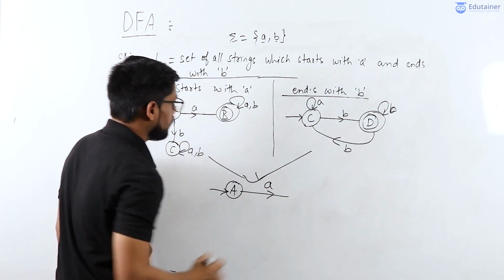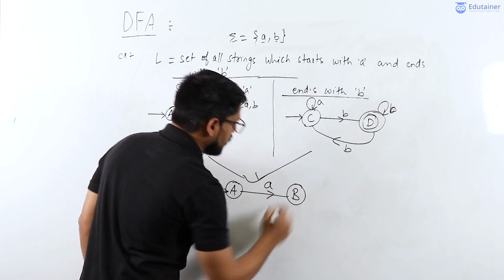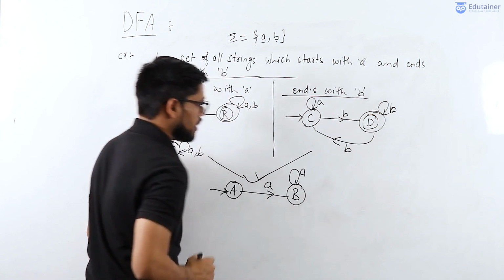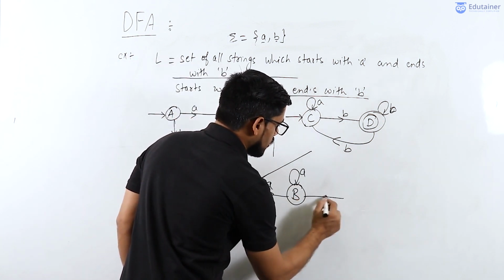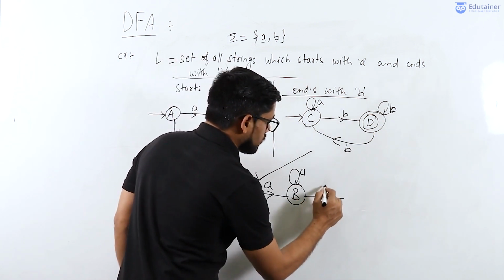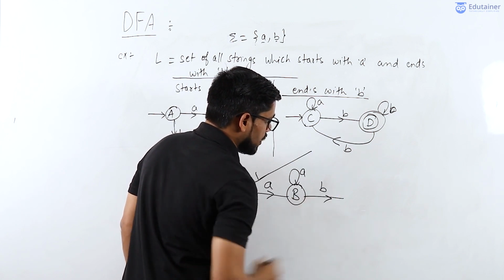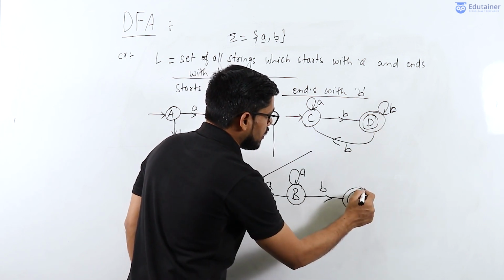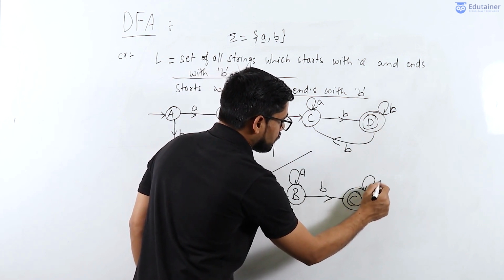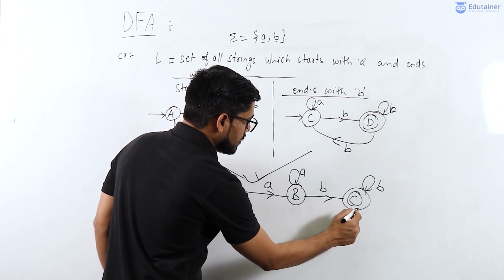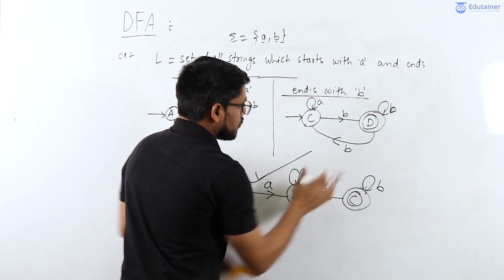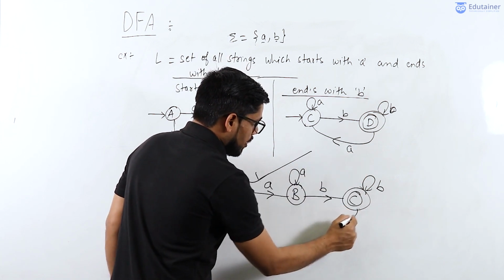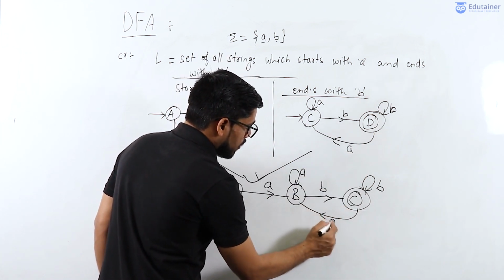If I see A, I will go to the state capital B, and on capital B I will take any number of A's, and on capital B, if I see a B, then I will go to state capital C and make it a final state and accept any number of B's here. And if I see A, and sorry, here is A, not B. So if I see A, then I will go back to the previous state.